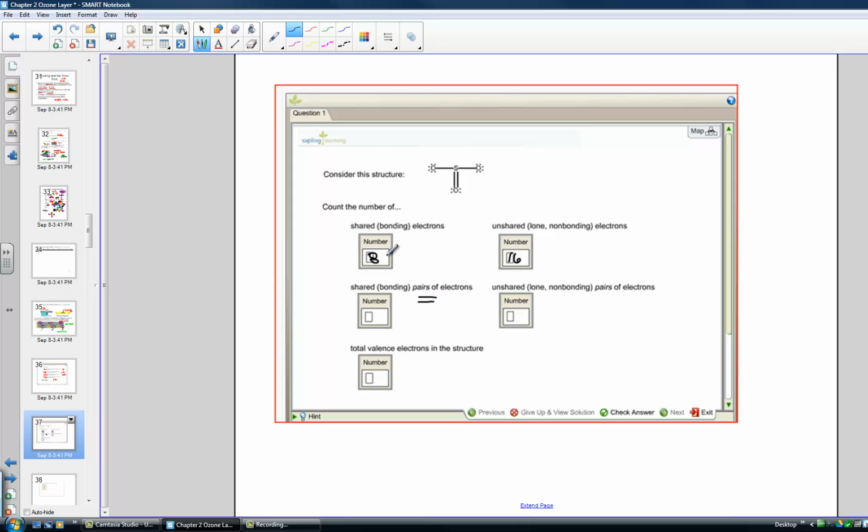Well, if there's 8 electrons, how many pairs is that? And again, you could see it would be 1 pair, 2 pair, 3 pair, 4 pair. 8 electrons is 4 shared pairs. Unshared pairs of electrons. Well, if there's 16 unshared, that would give us 8, and we can count them. 1, 2, 3, 4, 5, 6, 7, 8 unshared pairs of electrons.